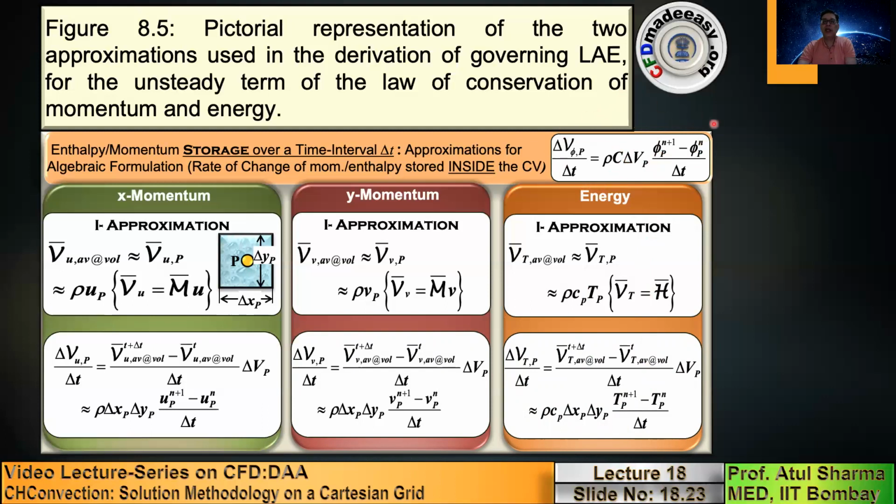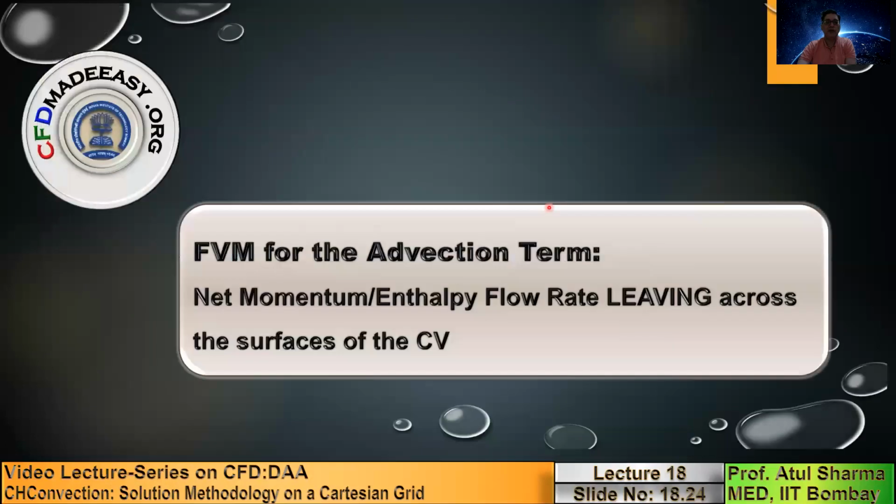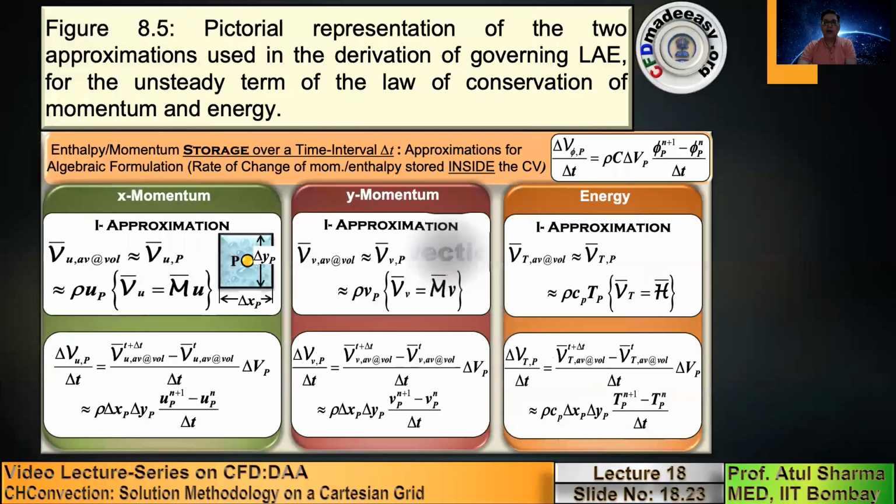So this is the generic symbolic representation of the unsteady term, the discretized form of the unsteady term. Note that if C is 1 and phi is U, you get this expression. If C is 1 and phi is V, you get this expression. And if C is Cp and phi is T, you get this expression, where this volume is delta xP into delta yP.